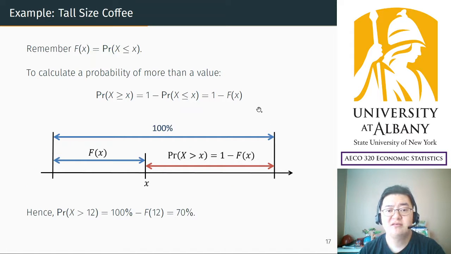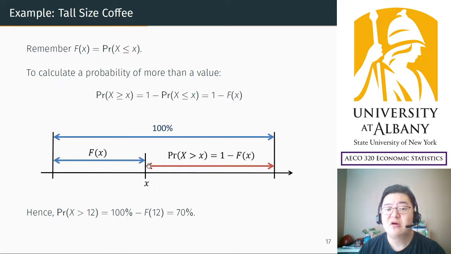Graphically, it can be written in this way. We have 100% on the whole interval. The whole interval contains 100%, but smaller than x is the CDF. Then on the other side is the probability greater than x, and you may understand it as a length.